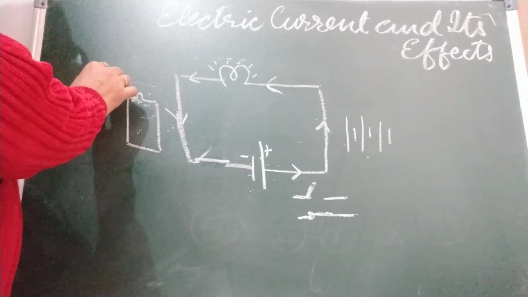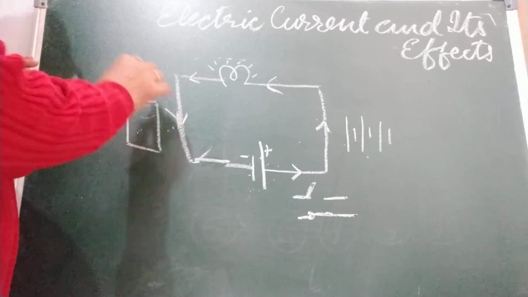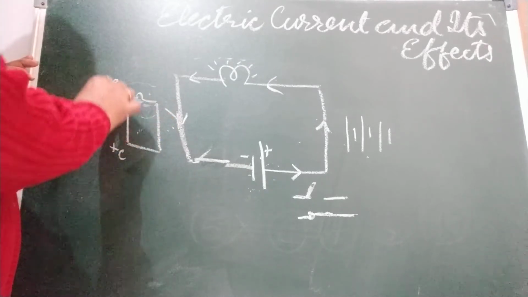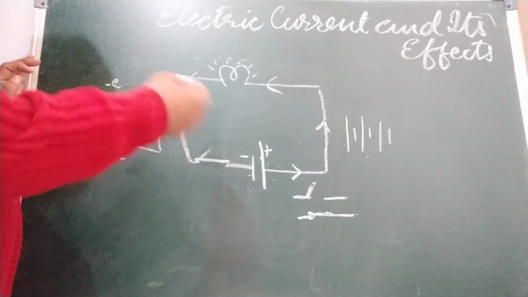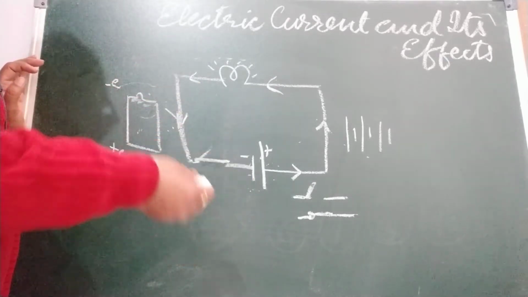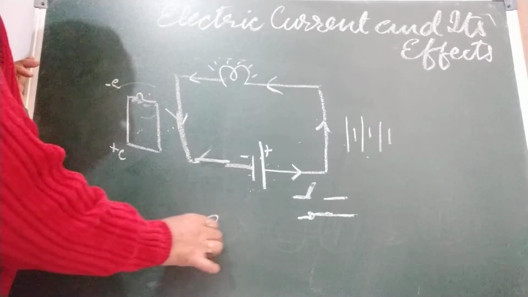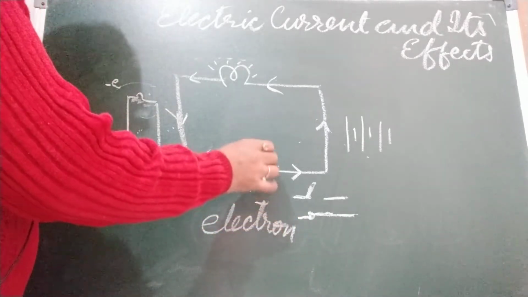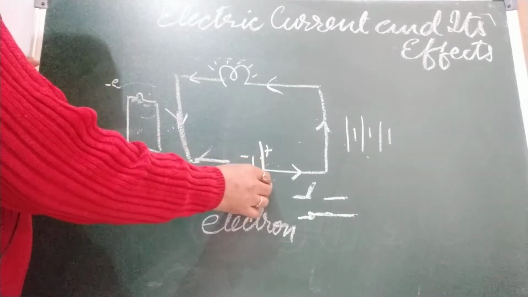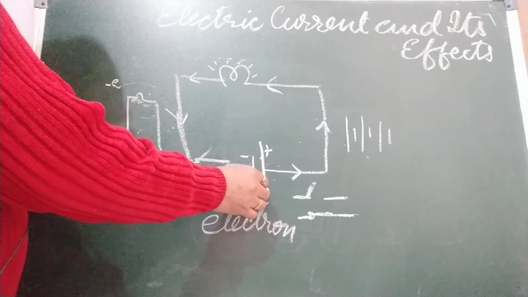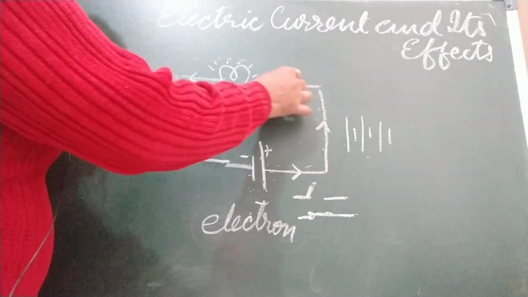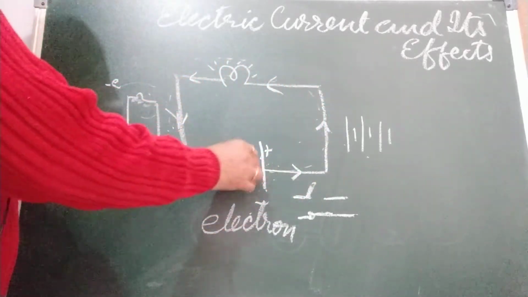The negative charges are there and positive are here, more. Now which charges move and bring current? That is electron. So accumulation of electrons is more on the positive side, less here. So these charges move from positive side to the negative side.